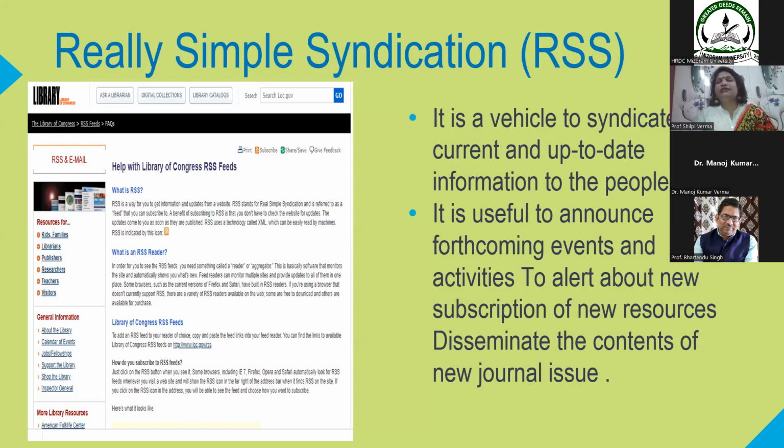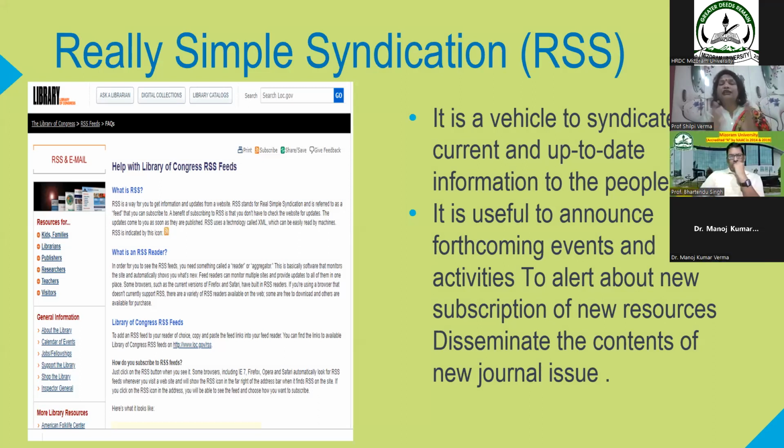RSS feed. You must have heard about RSS, the Really Simple Syndication tool. This screenshot I have taken from the Library of Congress, USA. An RSS feed basically provides current, up-to-date information related to your library, your university, your department.